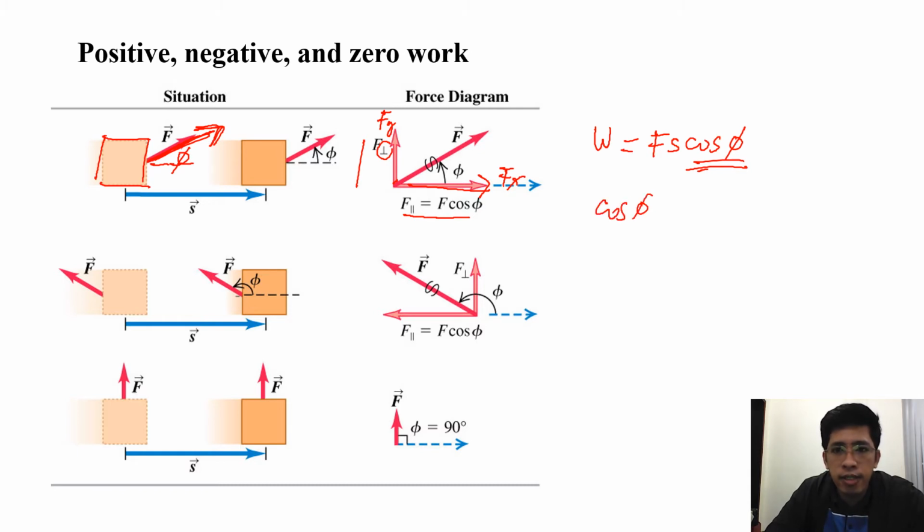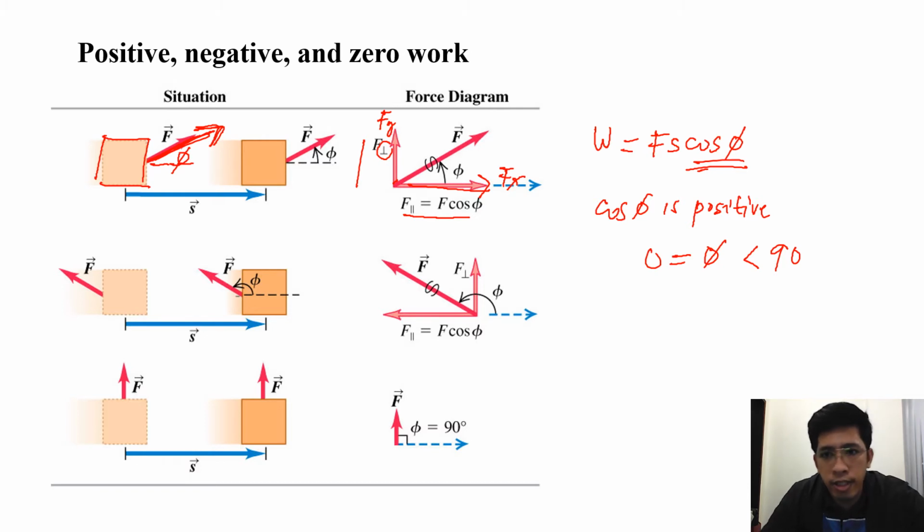Cosine phi is positive when your phi is equal to zero, but your phi should be less than 90 degrees. So it can be cosine zero, that is 1.